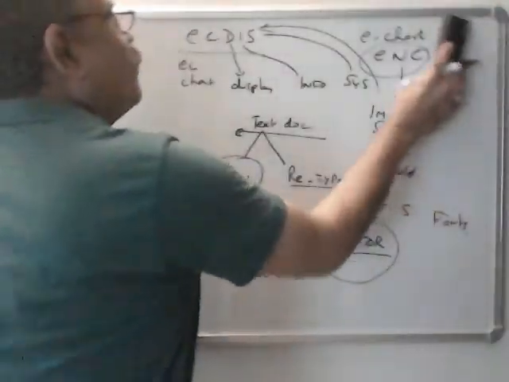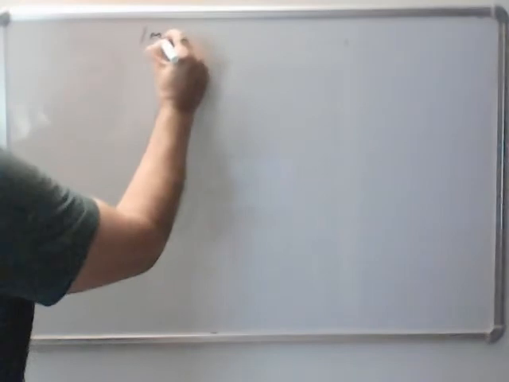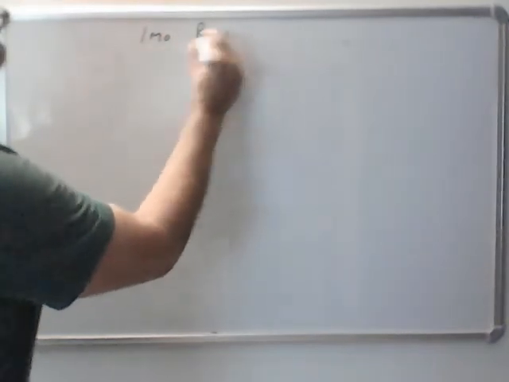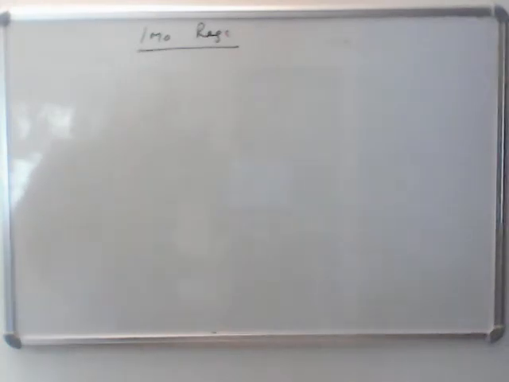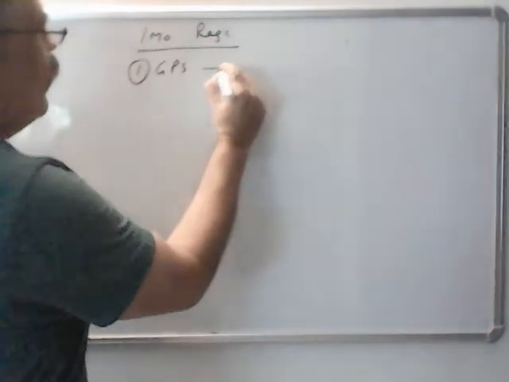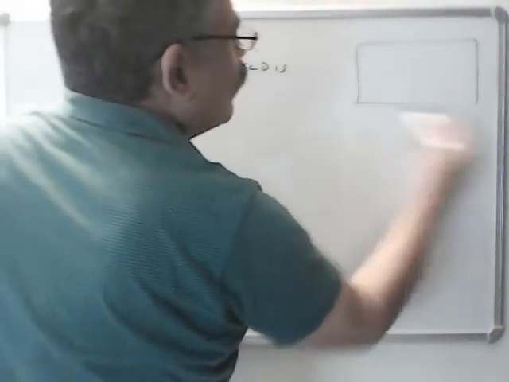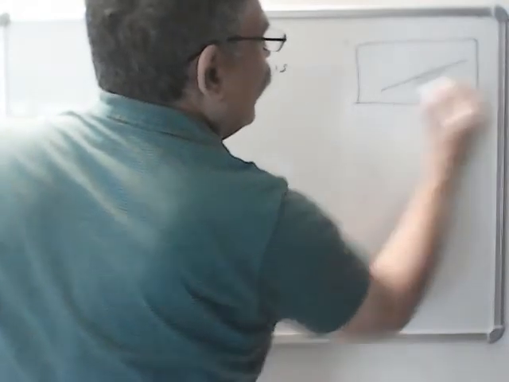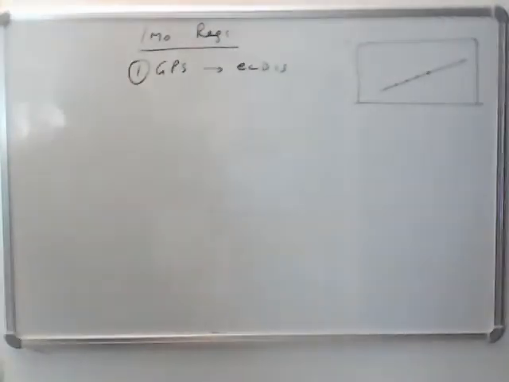I'll write down a few of the requirements of IMO. Firstly, your GPS should be connected to the ECDIS. On the ECDIS screen, your ship's course is already laid and your GPS position is continuously plotted automatically.